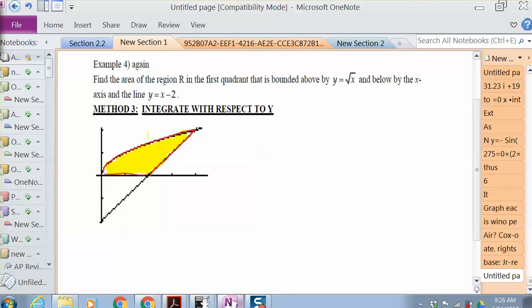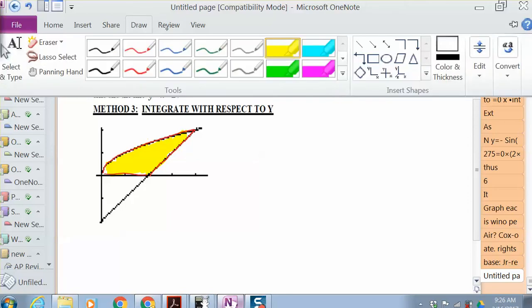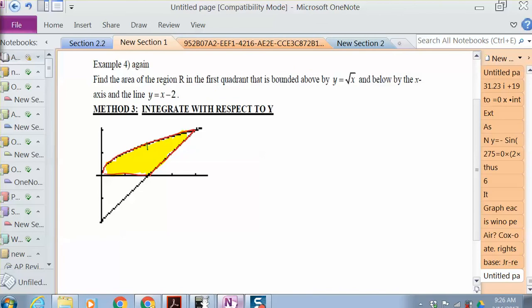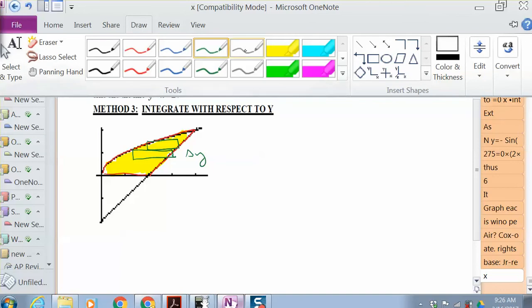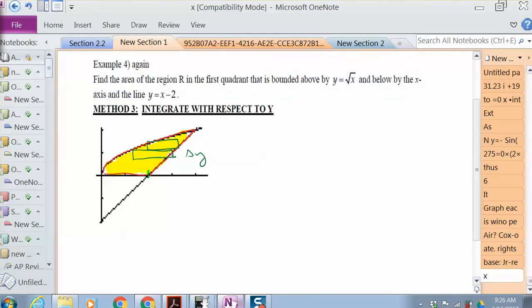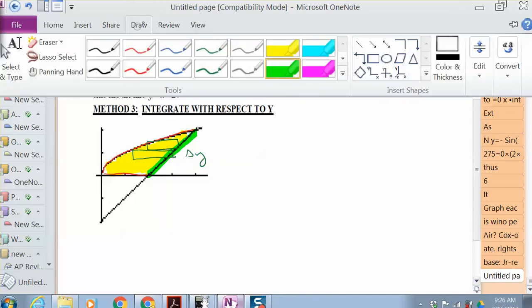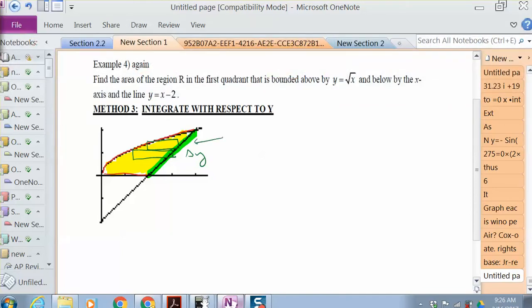All right. Anyway, so here's how we're going to do this. Again, you're drawing these rectangles kind of sideways or flat, where the heights are delta y. And that curve is going to be x equals y plus 2. So basically I took this equation and got x by itself.